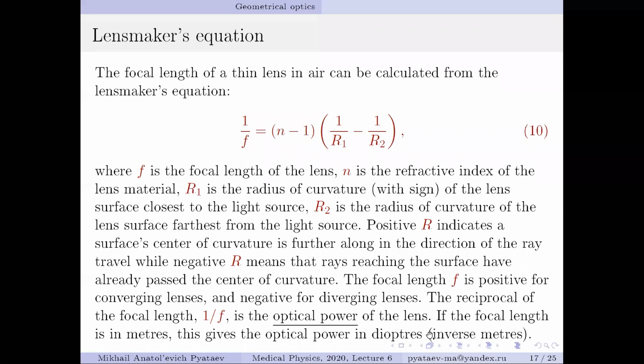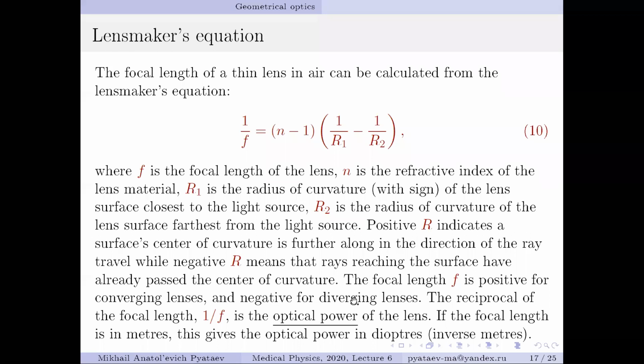So 1 diopter equals inverse meters, and the larger the optical power, the shorter the focal distance, and the stronger the refraction in the lens. So a lens with a higher optical power can produce a stronger change in, for example, vision correction.